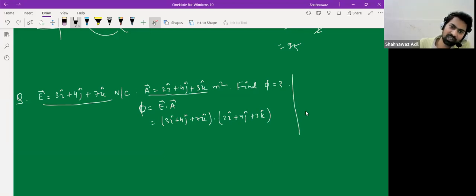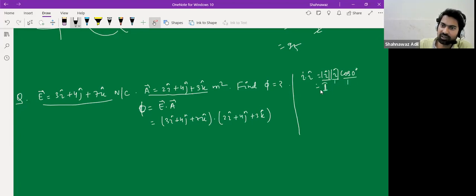So what is i dot i? What is the angle between i and i? You guys have forgotten. It is 0. So i dot i would be the magnitude of i, times magnitude of i, times cos of 0. So i is 1, this is 1, this is 1.